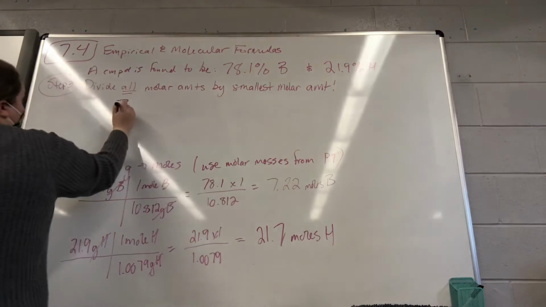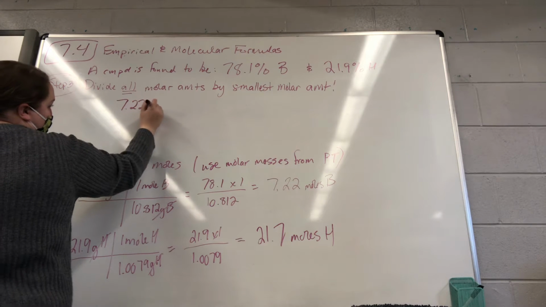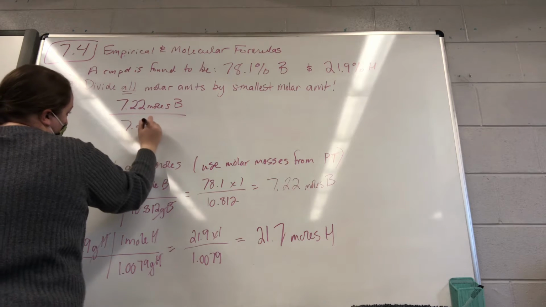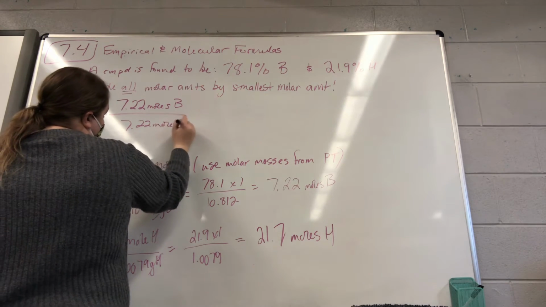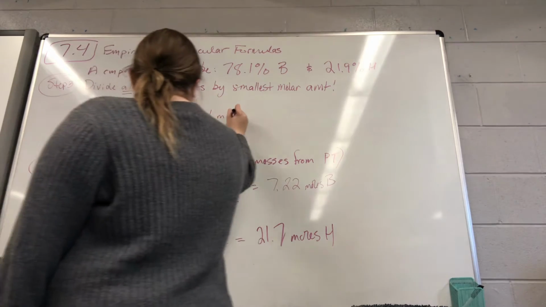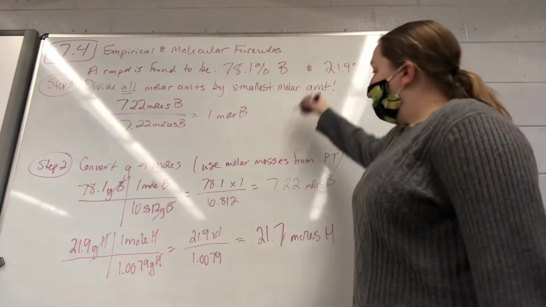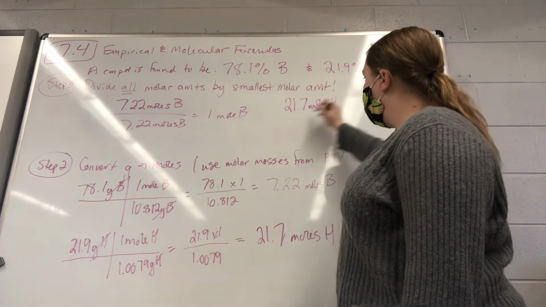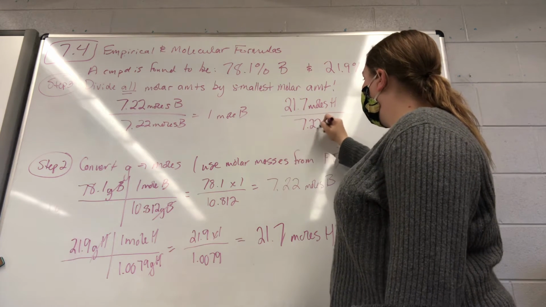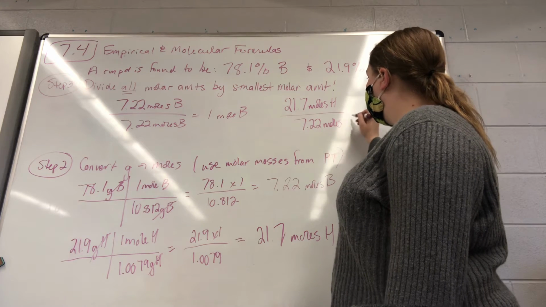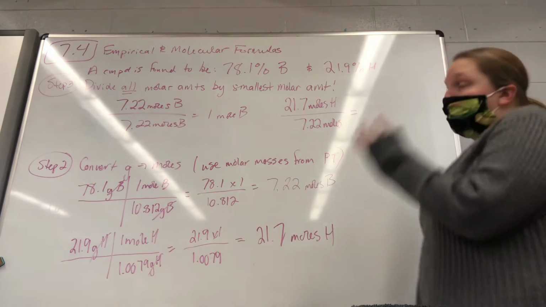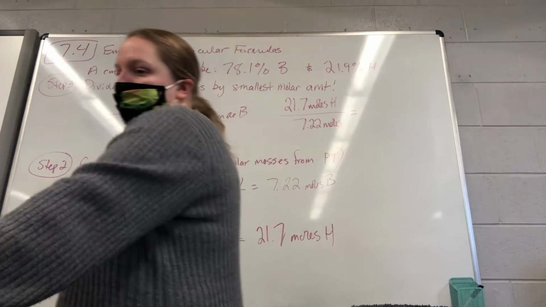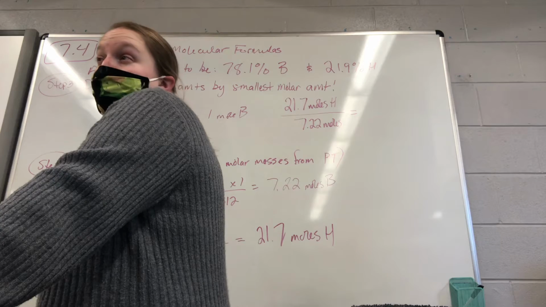So I'm going to divide both numbers by that number. The other one as well. 21.7 divided by 7.22 should be about 3, give or take.